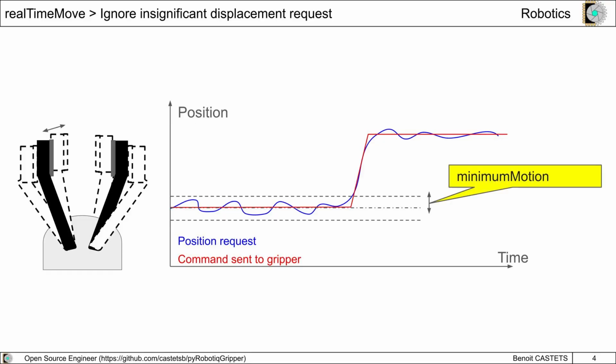To prevent this kind of shaking effect, we have a minimal motion parameter in the function. So if we send a position request that is close to the current position, the gripper will not move, will not take the request.